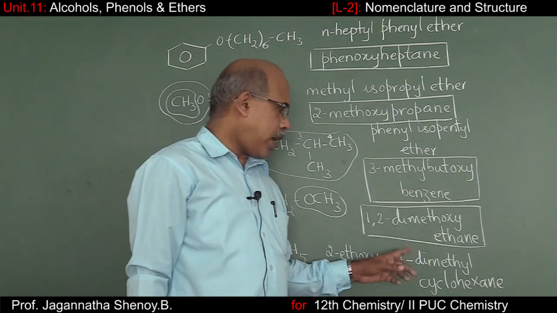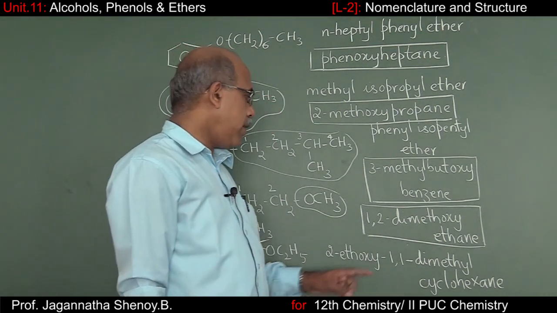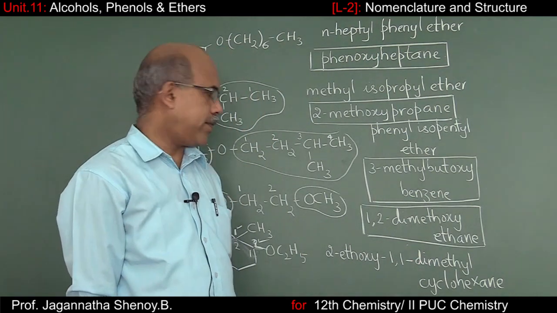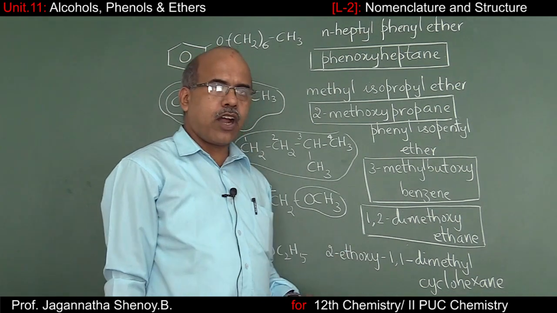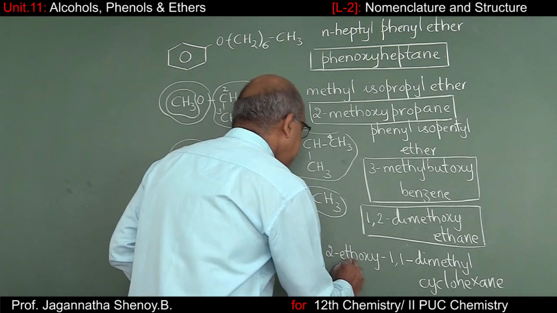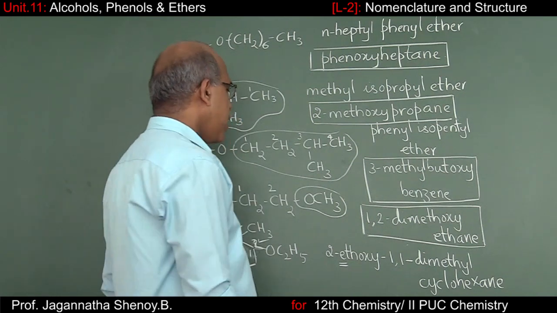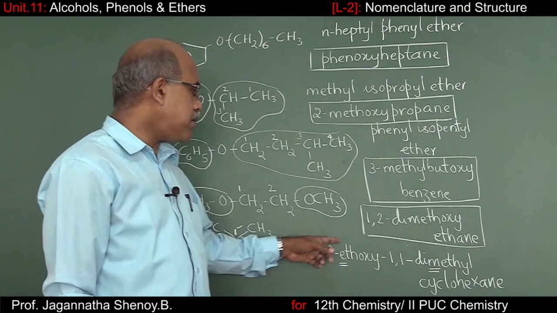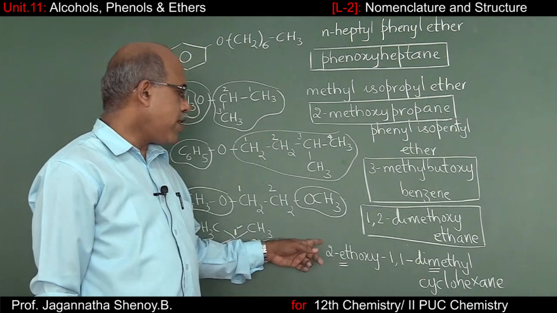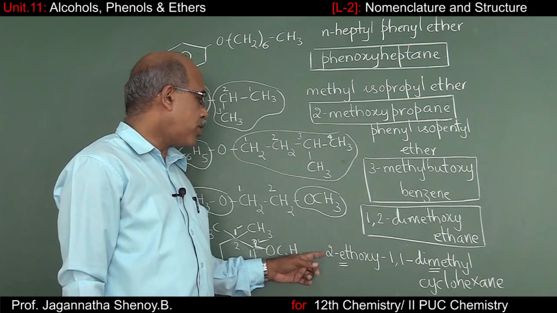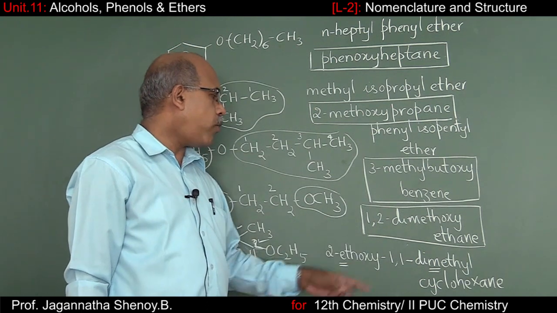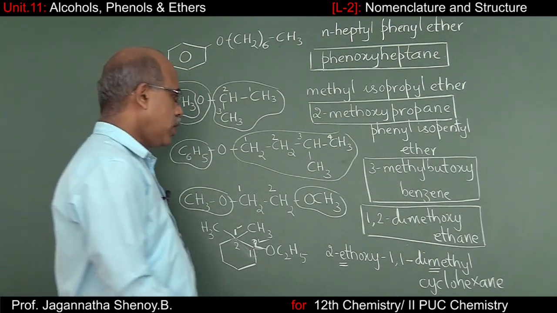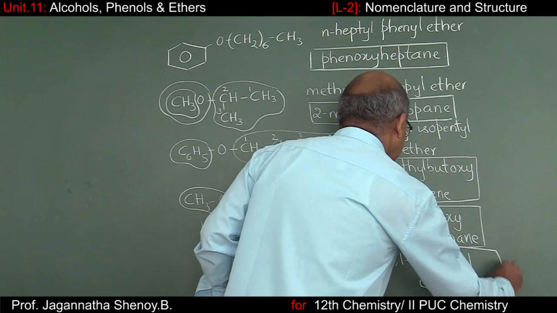You know that while deciding the alphabetical order rule, numerical prefixes like di, tri, etc. must be ignored. So in this case I am going to compare E of ethoxy with M of dimethyl. So E comes before M. That's why the IUPAC name of this compound should be 2-ethoxy-1,1-dimethylcyclohexane. So this is the IUPAC name of the compound.